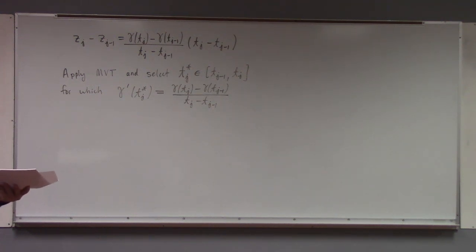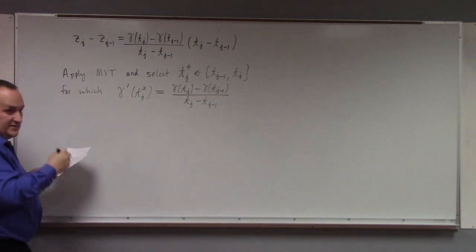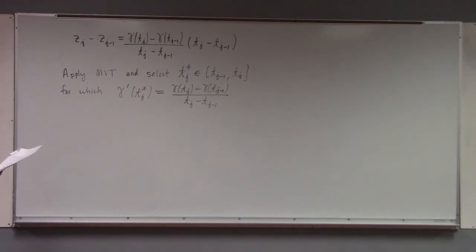And there's no reason that the same t_j star should hold for both. However, in the limit we're taking, this difference is immaterial. So this lie does not hurt us, even though it's not technically true that there has to exist this t_j star. I might have to pick a different t_j star for the real part and the imaginary part.